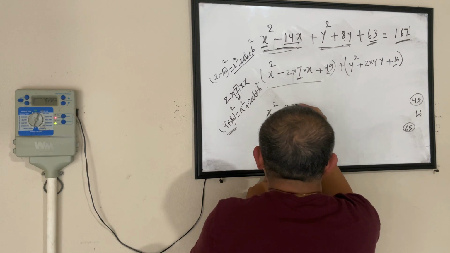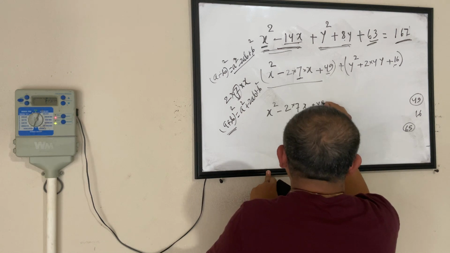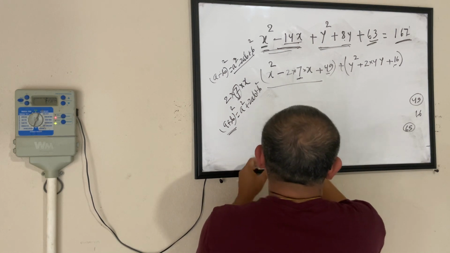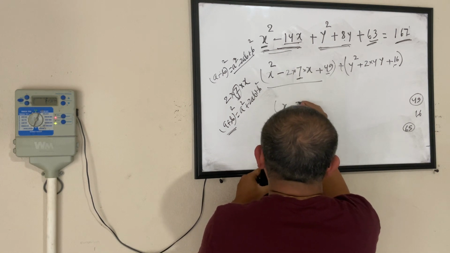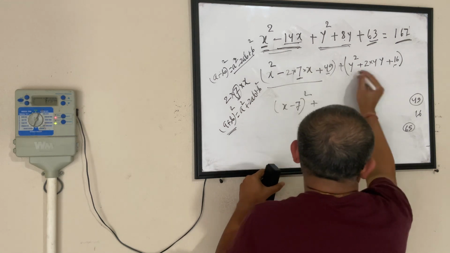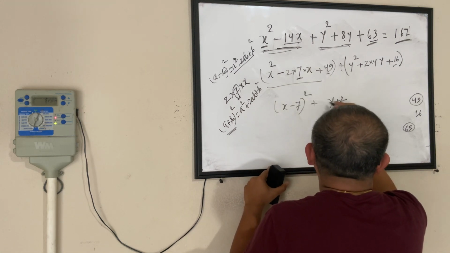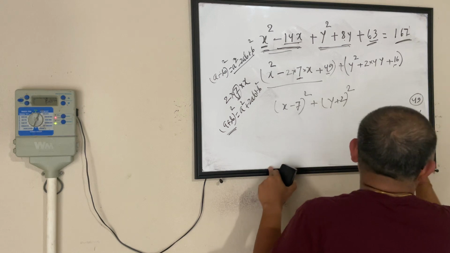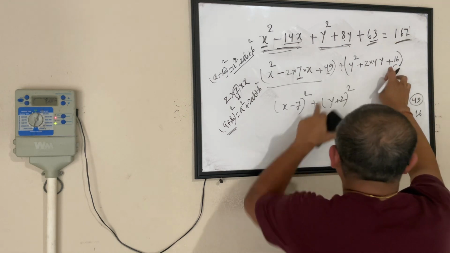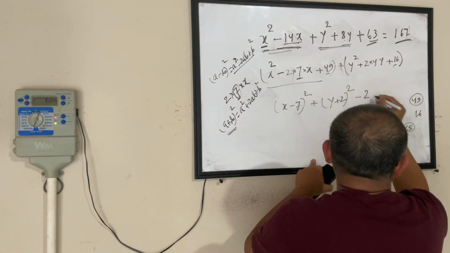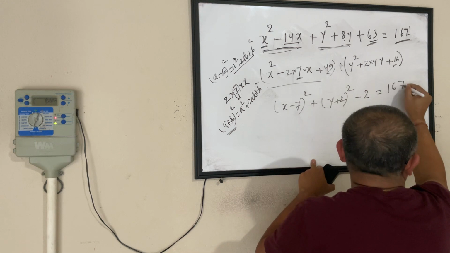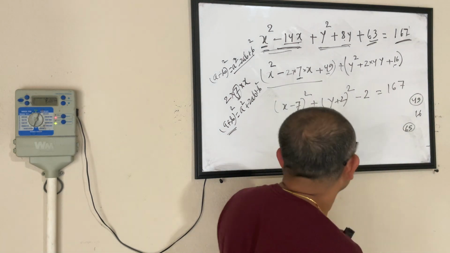2 into 7x plus 49, or let's put a short form. Now that we know that this is x minus 7 squared plus y plus 2 squared. But we had only 63, we used 65. It's plus 4, right?